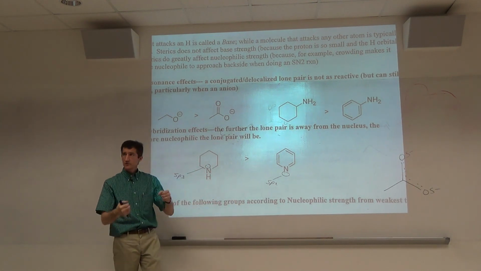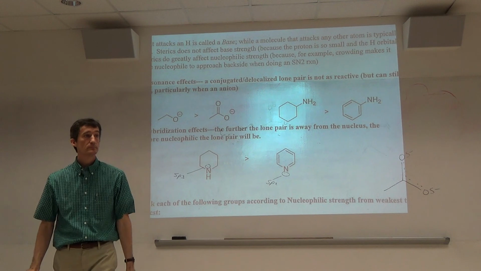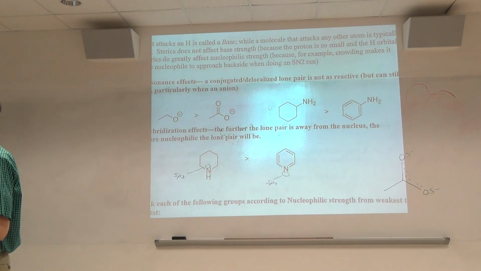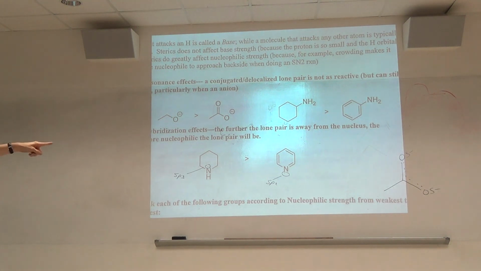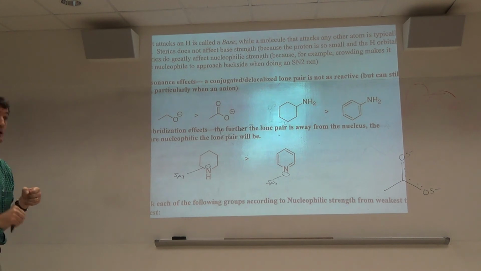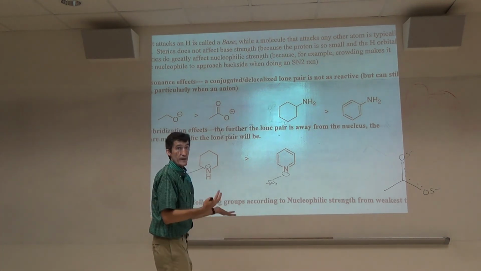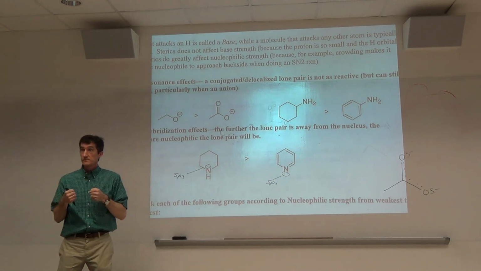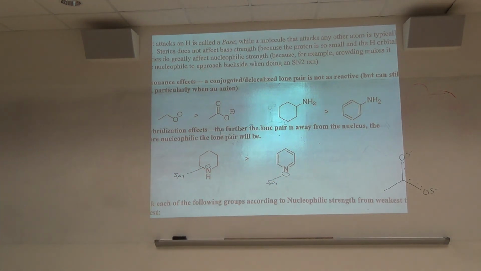Which one's held tighter to the nucleus? SP2, because it's 33% S, held tighter to the nucleus, and so it's not as reactive. It's similar to the good parent, bad parent. That's a better parent. It's holding its kids closer to home. Hopefully these ideas are sort of reviewed from the acid base. These same things influence your nucleophilicity.